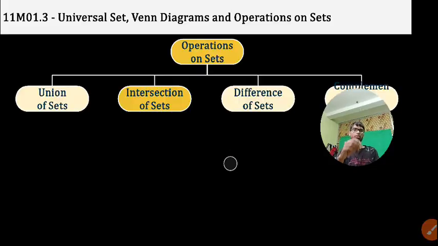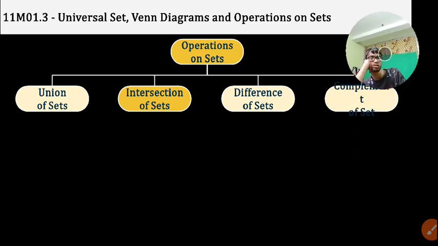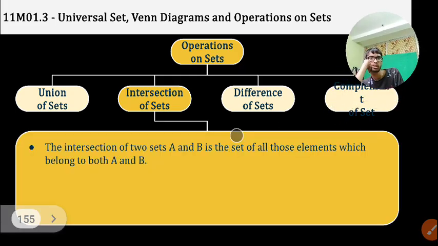This was for you. Intersection of sets. Here we will take common elements of sets. The intersection of two sets A and B is another set, the set of all those elements which belong to both A and B. There will be two or more elements which will belong to set A and also set B, because here we are taking common elements.